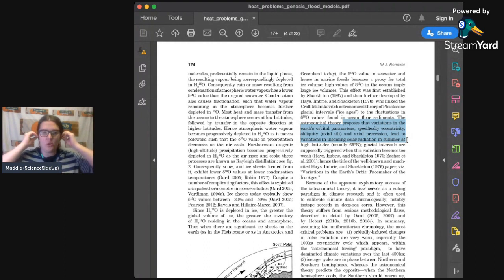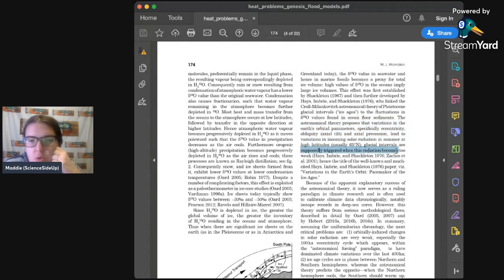It's just considering the northern hemisphere instead of the whole globe. But anywho, glacial intervals are supposedly triggered when the radiation becomes too weak. Yeah, if you don't have enough incoming energy, the Earth gets colder, right? Love that supposedly.